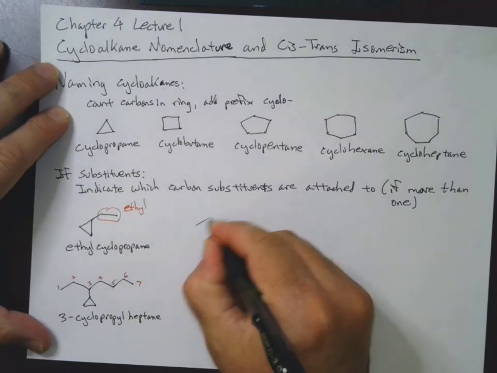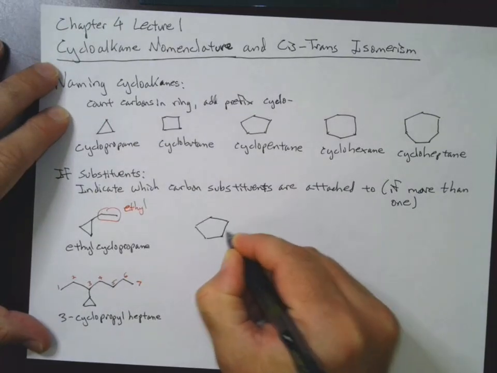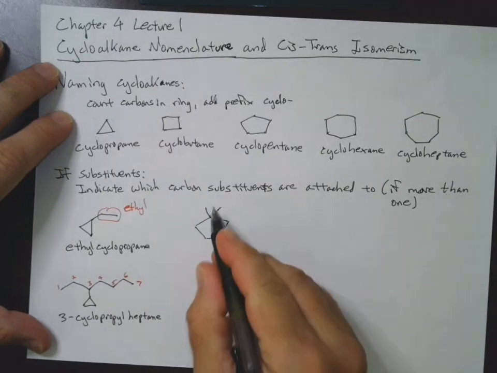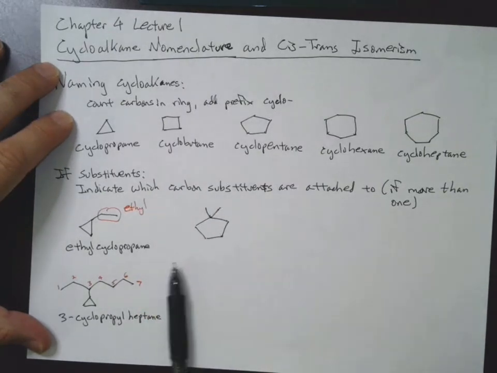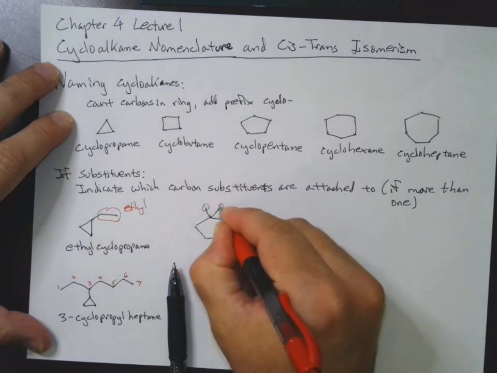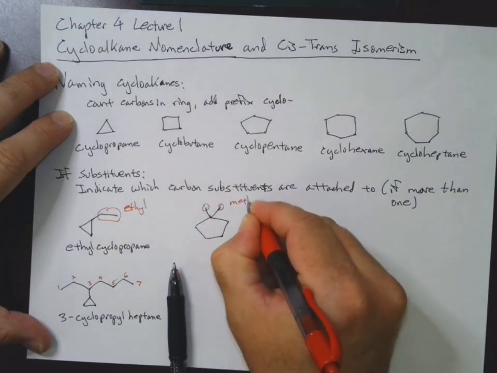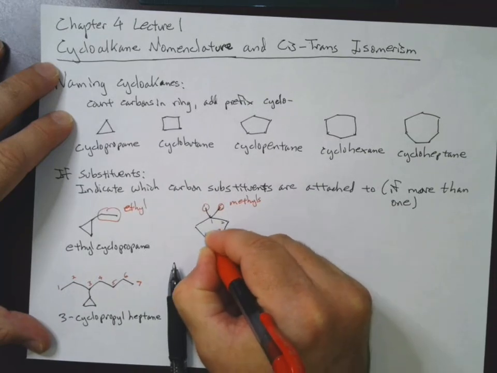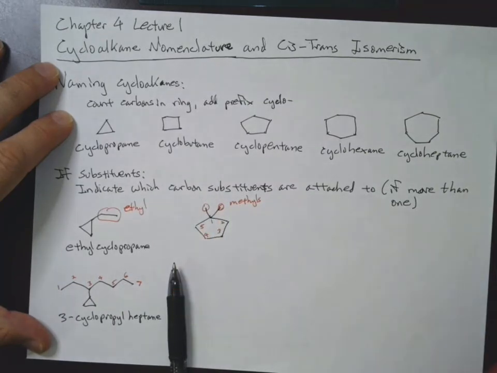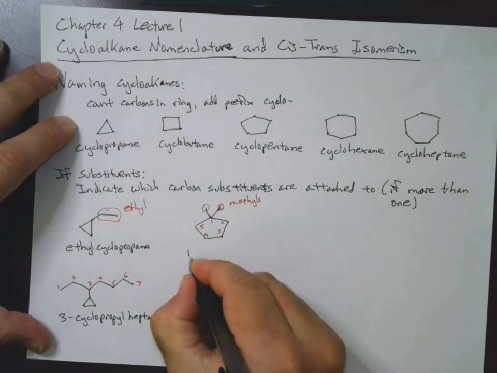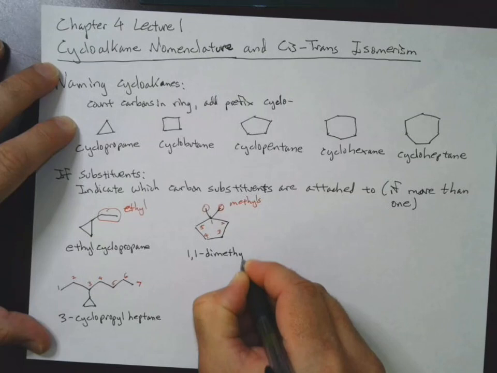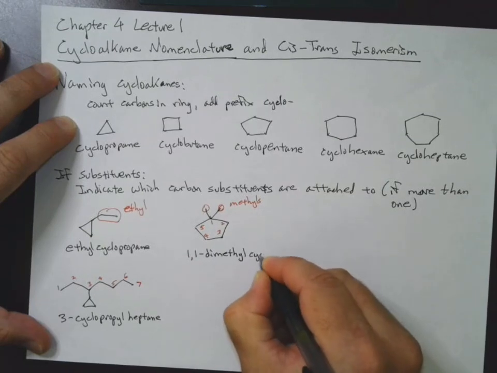So let's say we had 2 substituents. Now I've got 2 methyl groups, and I can number around in whatever order. This would be 1,1-dimethylcyclopentane.